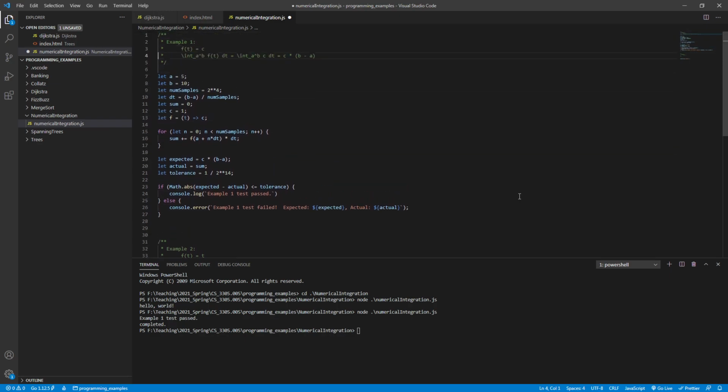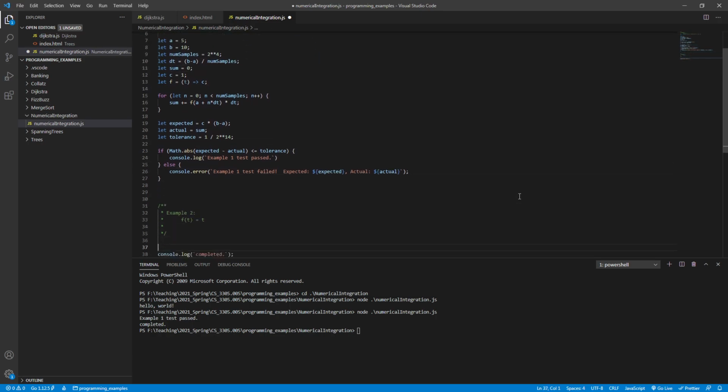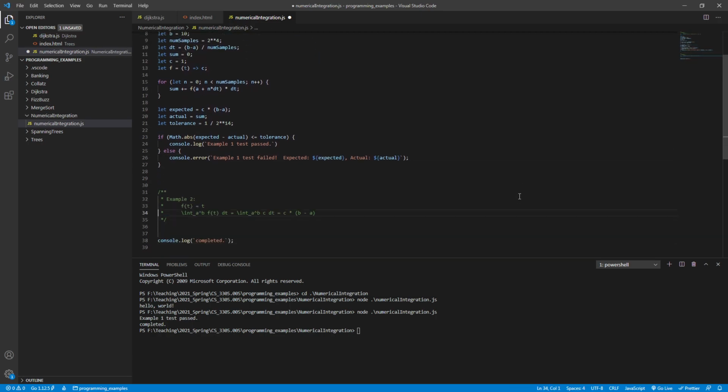Okay, so now our integral, we have our function f of t equals t. So this is t. Now it's an integral of that. And then we know that the integral of t with respect to t is going to be t squared over 2.